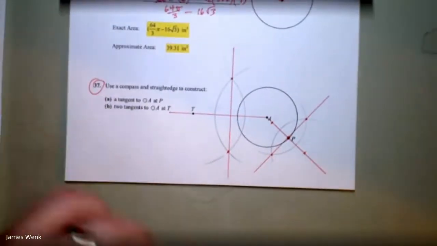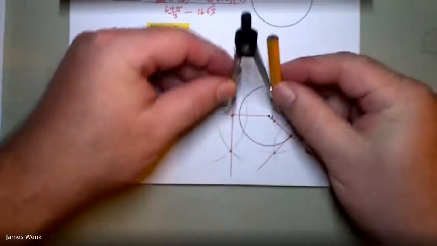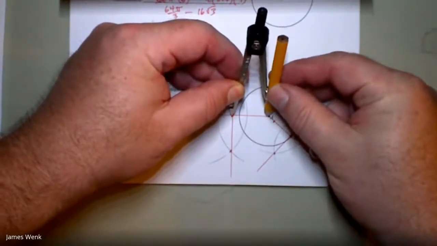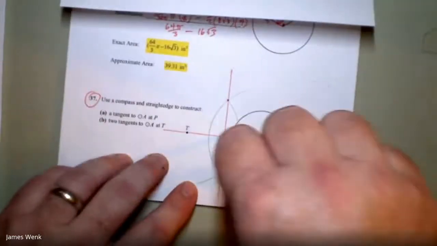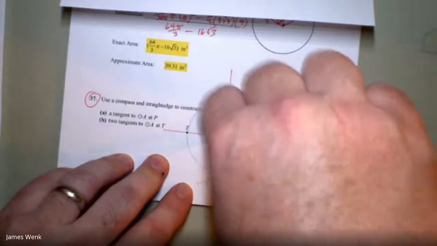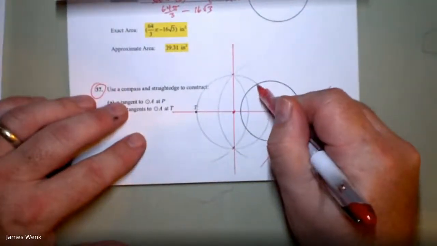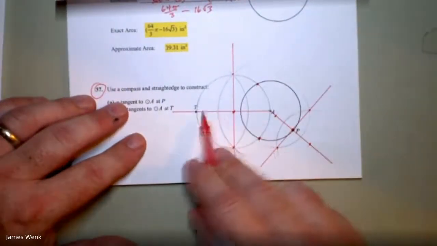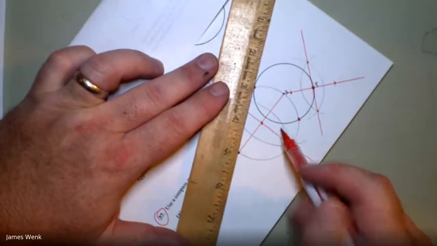And then you use this as your center, where those lines meet, and you set your compass so that it goes through A. It should automatically go through T as well if you did your perpendicular bisector construction correctly. So you get this circle. And then where the two circles meet, here and here, that's going to be your point of tangency. So then from point T, you connect that point to that point.